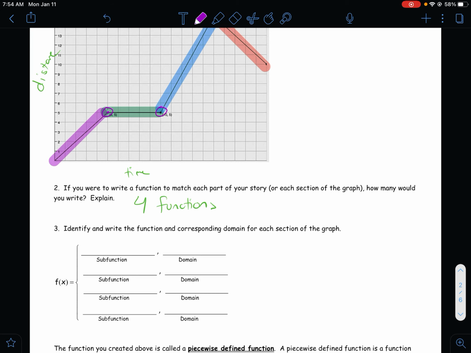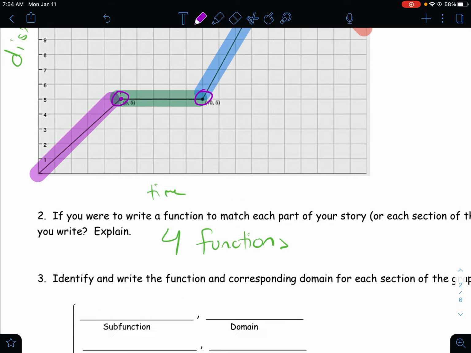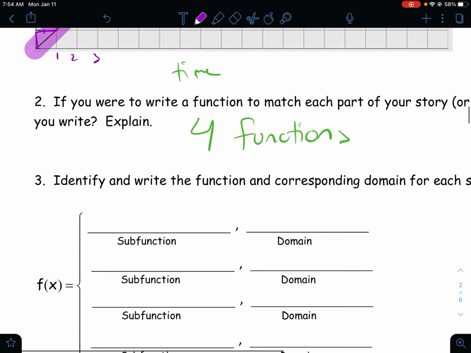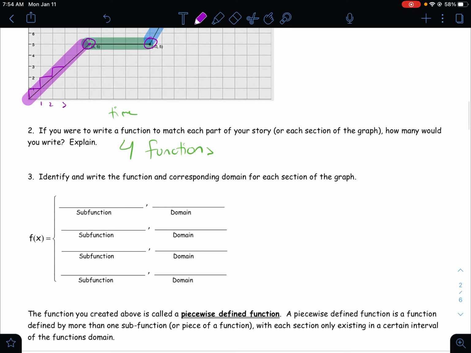So let's go ahead. Let's see, we've got our subfunction. We need to come up with the equation of this line. So this is definitely going to be a slope of 1. We'll assume that these are all 1, 2, 3. So the slope here is going to be 1. It's up 1 over 1, up 1 over 1. So our m is 1, and then our b actually is 0. This one's kind of nice and easy. So all we need to do is plug into y equals mx plus b.